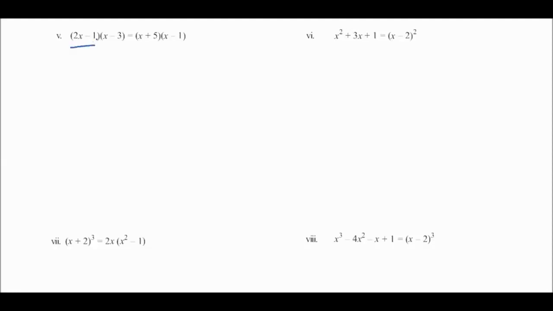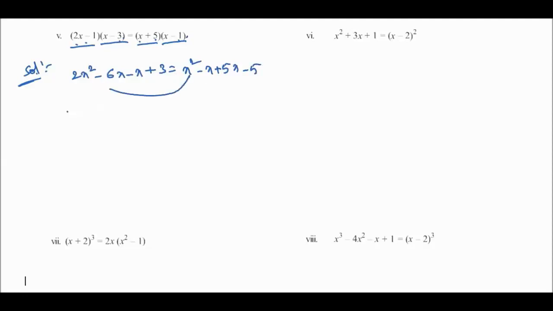So fifth one. 2x minus 1 into x minus 3 is equal to x plus 5 into x minus 5, x minus 1. So 2x into x solution. 2x into x, 2x square, 2x into 3 minus 6x, minus 1 into x, minus into minus plus 1 into 3, plus 3 is equal to x into x, x square, plus x into minus x, minus x, 5 into x plus 5x, 5 into 1, minus 5. It will come on the left hand and right hand sides, both sides.